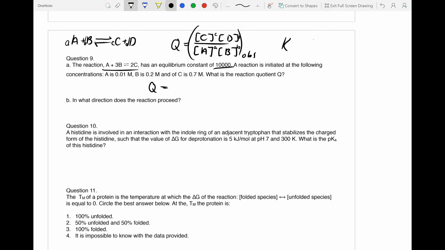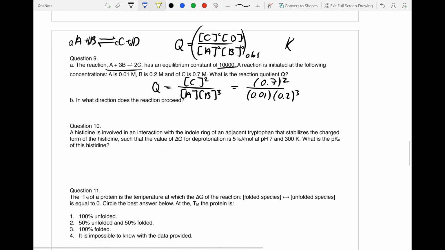So Q is going to be equal to concentration of C squared over concentration of A times concentration of B to the third, and you're just going to put in the values that were given, remembering to raise each to the corresponding power. And then you should get a value for Q. And then you're asked, what direction does the reaction proceed?